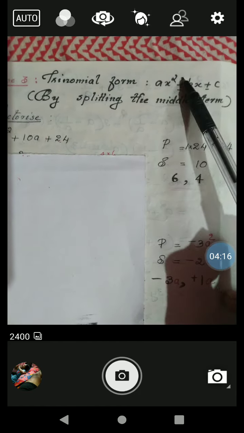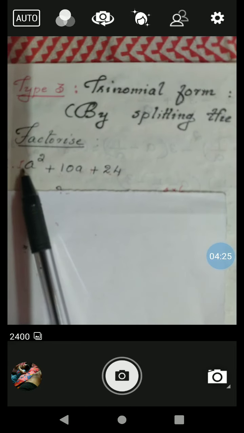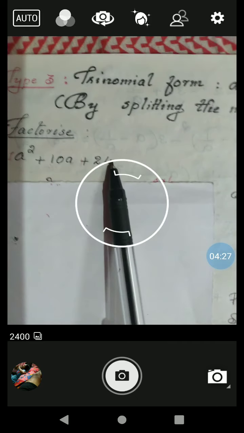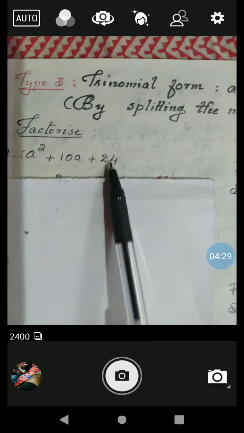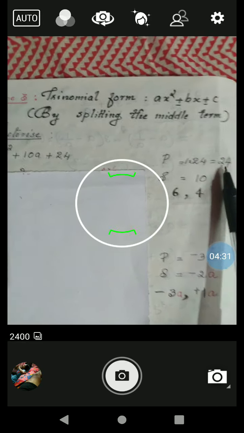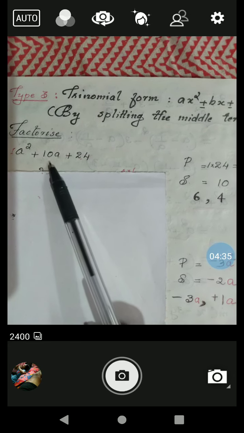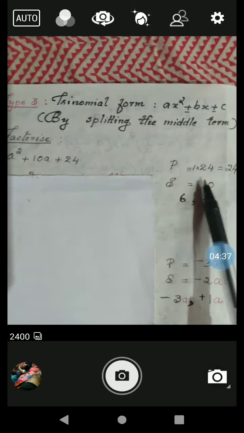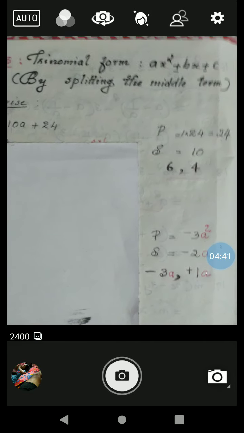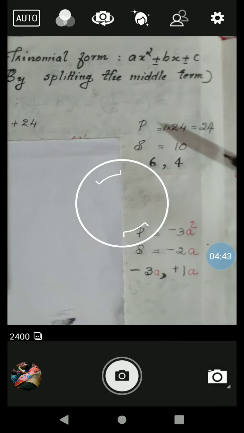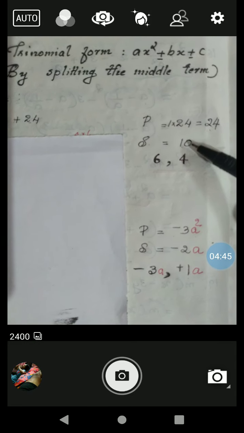Okay, this is the standard form. And sum is here 10. So the product is the coefficient of a square into the last term, that is 1 into 24, that is 24 itself, and the sum is the coefficient of the middle term, that is 10. So you have to find two numbers whose product is 24 and sum is 10.